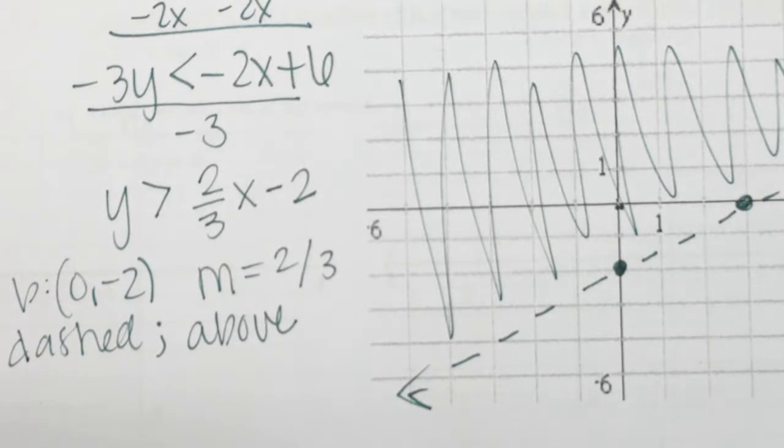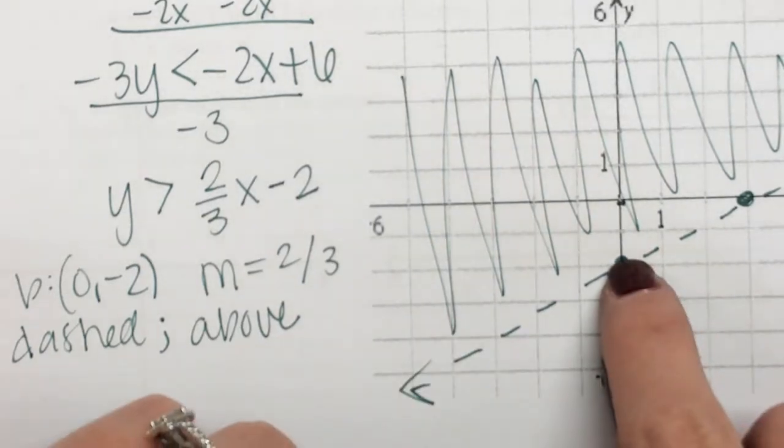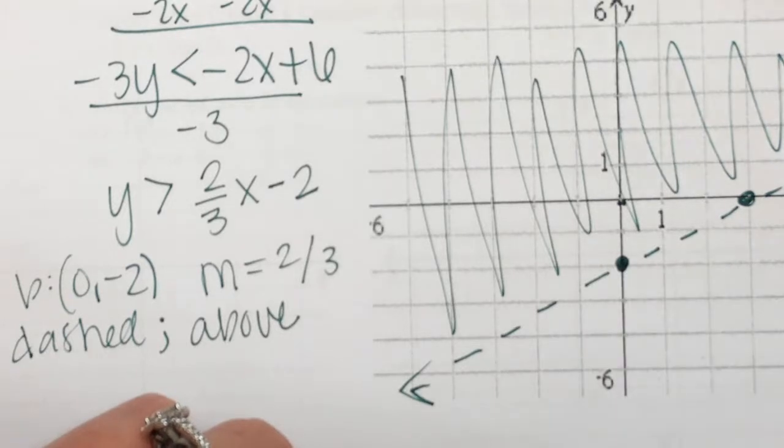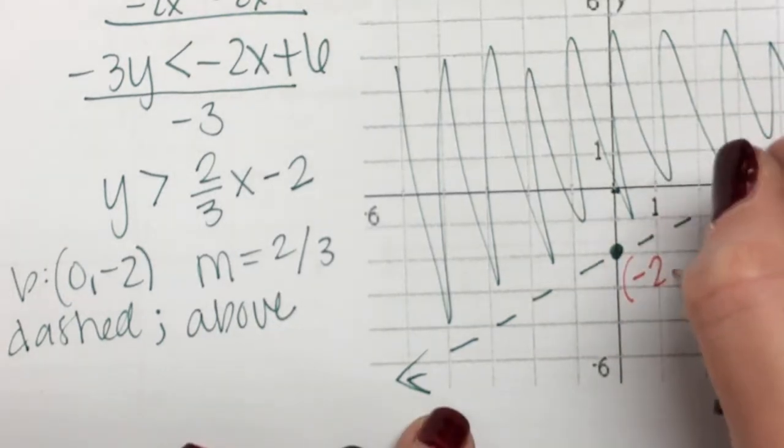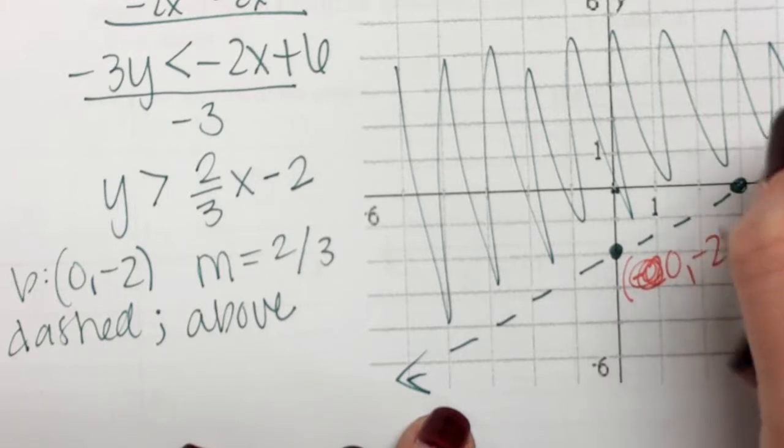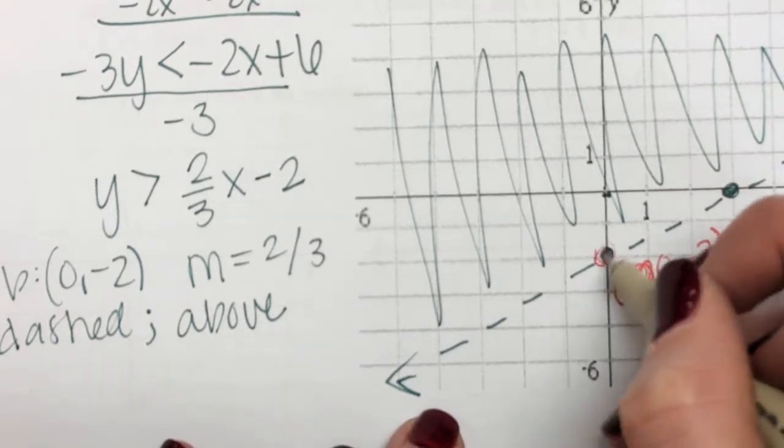One thing about dash lines. If I were to pick a dot on the dash line as my test point, do you think it would work? Alright. Amber, do you think if I plugged in (0, negative 2), this point right here, it would work as my test point?